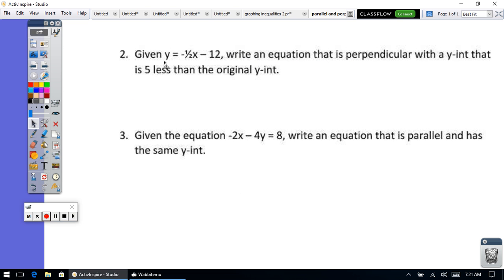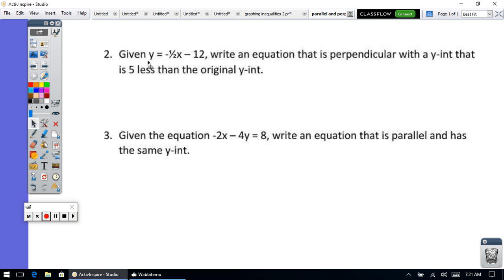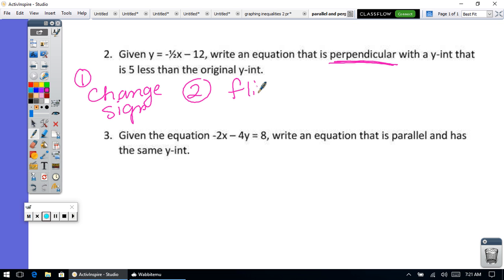Given y equals -1/2 x minus 12, write an equation that is perpendicular. So let's review what perpendicular means. A kid-friendly version of perpendicular would be to take the slope, and step 1, you're going to change the sign, and then step 2 is you're going to flip the slope upside down.